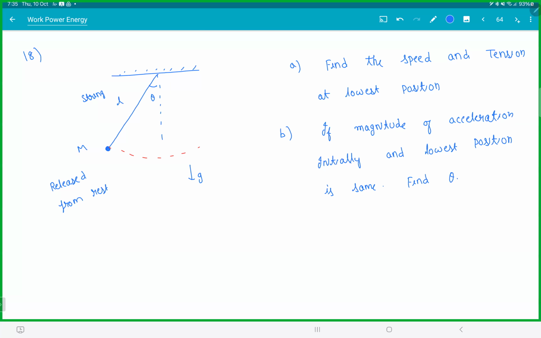First find the speed at the lowest position, then find the tension at the lowest position. Try. Got 2 minutes for the first part. Okay, get the tension also.